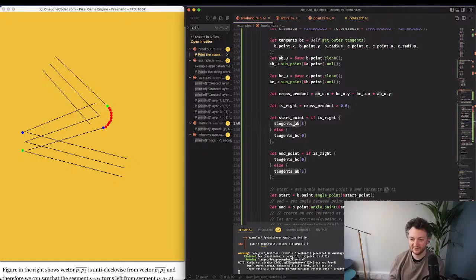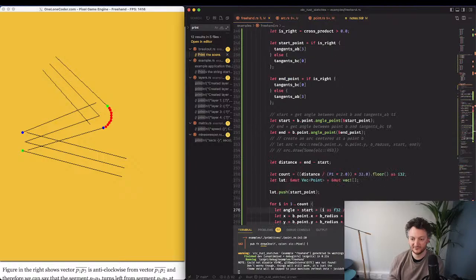And it doesn't matter if I do BC. Sorry. Let's say I switch these two start and end points. If we are turning left, that's here. Let's say I start from AB 3. I go to BC 0. Which is the same as if I'm turning right. Yeah, okay, well, let's stick with that.